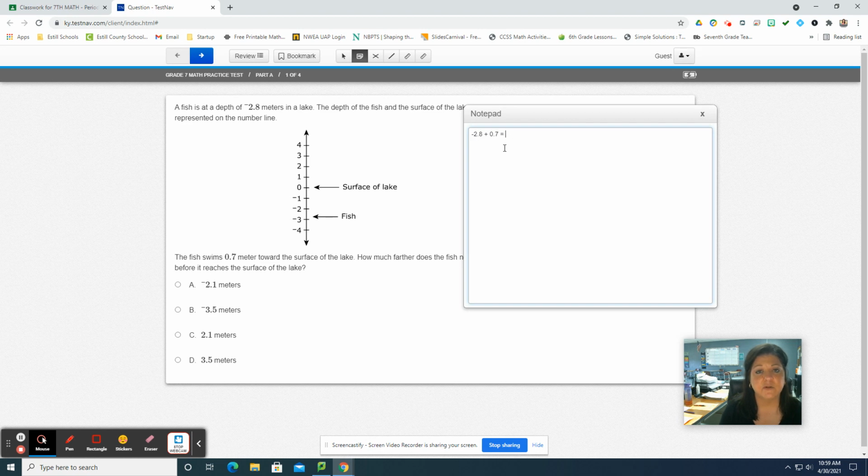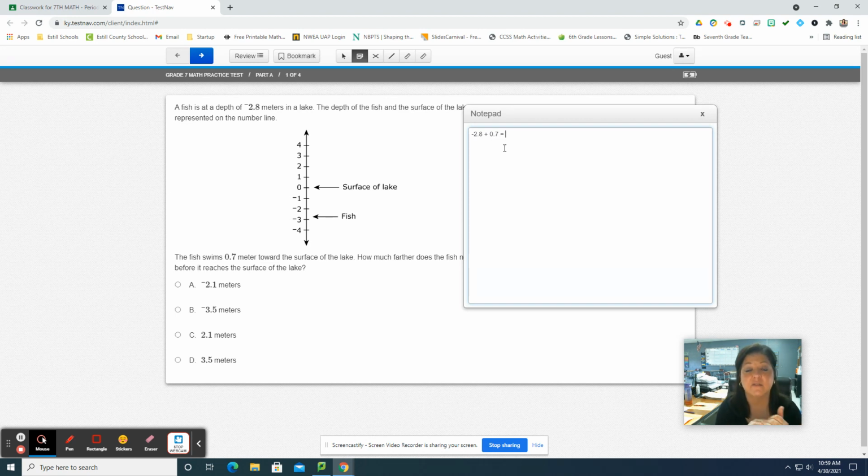If you have 2 positive numbers, you add them together, and the answer is positive. If you have 2 negative numbers, you add them together, and the answer is going to be negative. If you have a positive and a negative, then because they're coming from 2 different directions, you subtract them, and the answer will be negative if the number is further away from the 0 on the negative side.